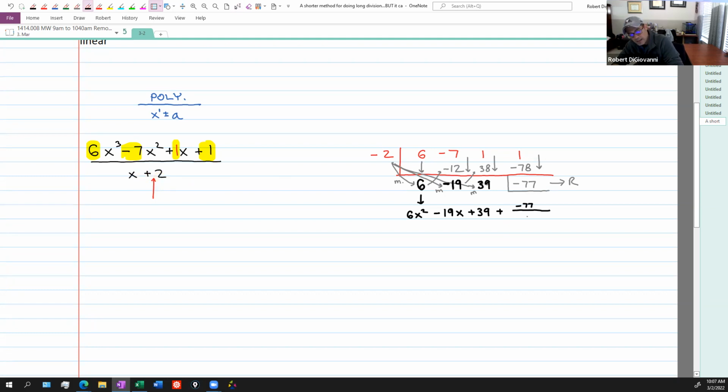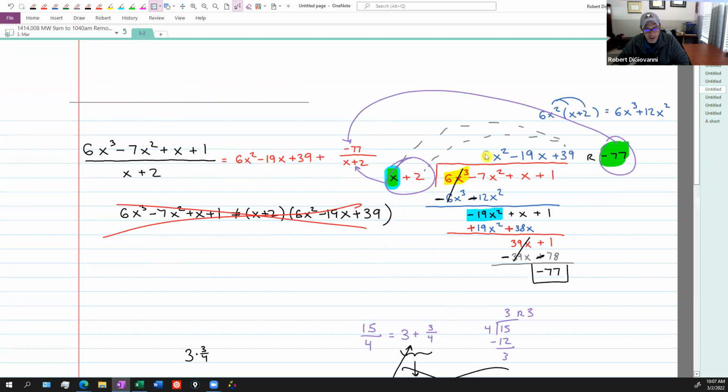My divisor was x plus 2. Do you see how I did that? I used these numbers to match up with this same thing we got here, 6x squared minus 19x plus 39, and then my remainder, and this was our answer, right? That matches exactly what I wrote just now.